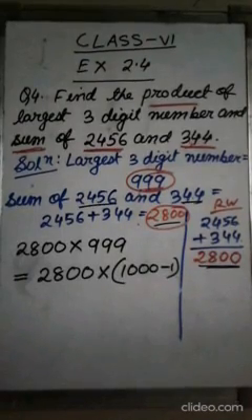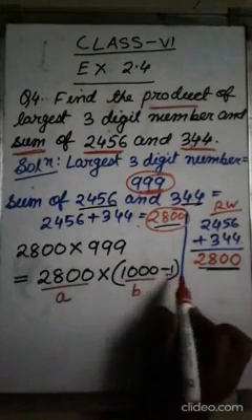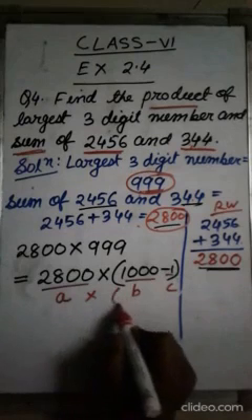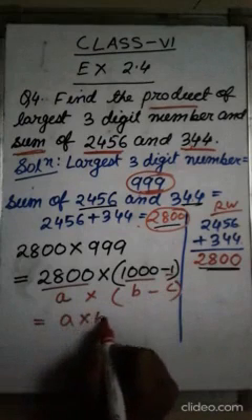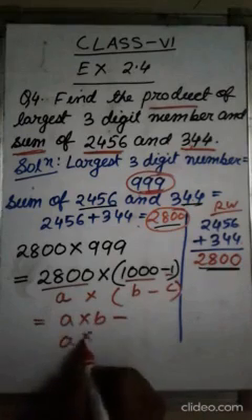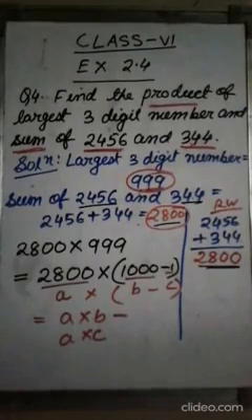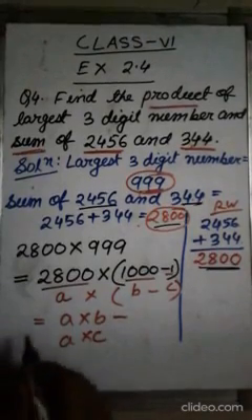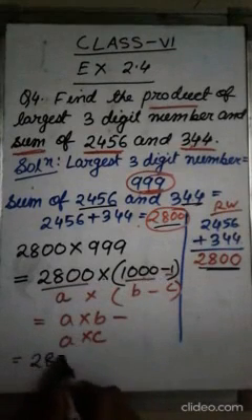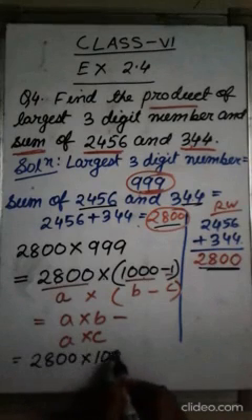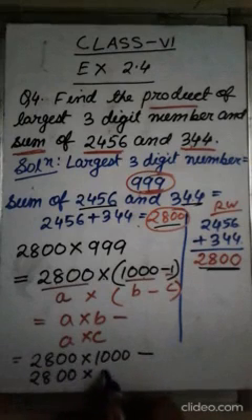If I give names A, B, C, it is A into B minus C, which is equal to A into B minus A into C. That means I shall write 2800 into 1000 minus 2800 into 1.